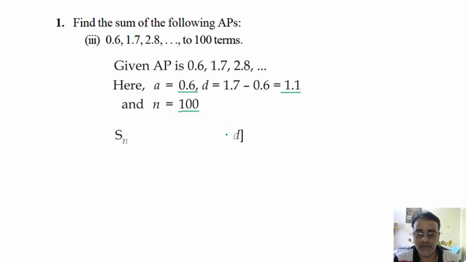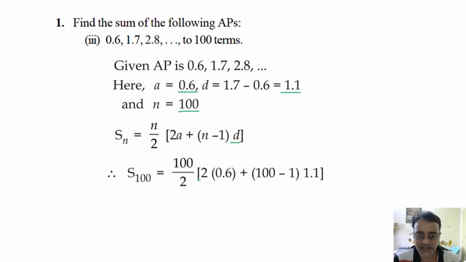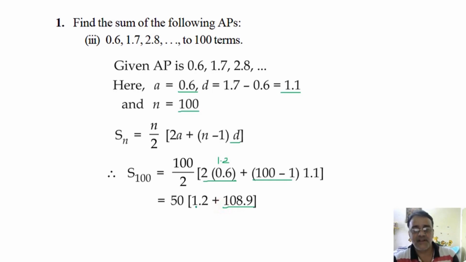Now we write the formula n by 2, 2a plus (n minus 1) into d. Substituting: 100 by 2, 2 into 0.6, 100 minus 1 into 1.1. This will become 1.2, and 99 into 1.1 is 108.9. Then add these two and multiply with 50. You will get the final answer 5505. Any doubt here?